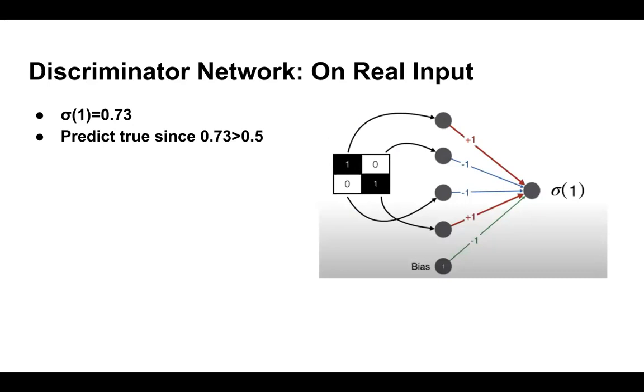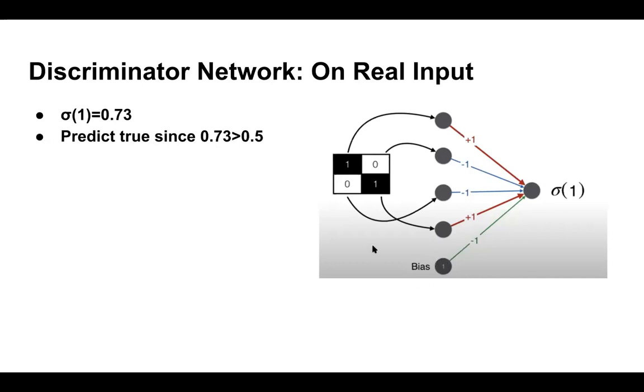The top left is 1, the bottom right is 1, and the other two are 0. Suppose our weights are also in this form, where it's +1 for this, -1, +1 for this, and don't forget that for a neural network there's also a so-called bias term.